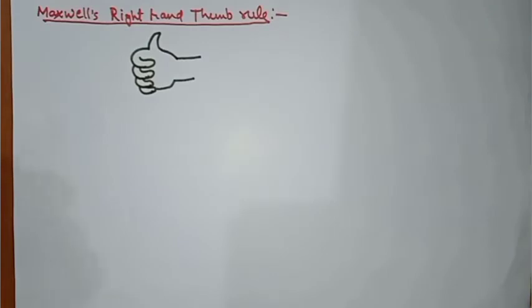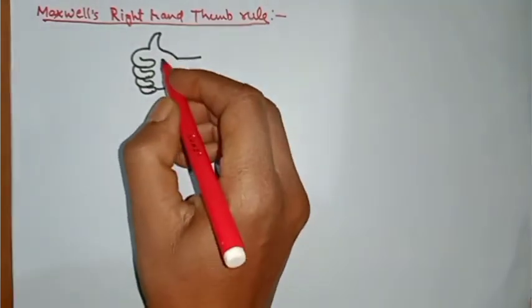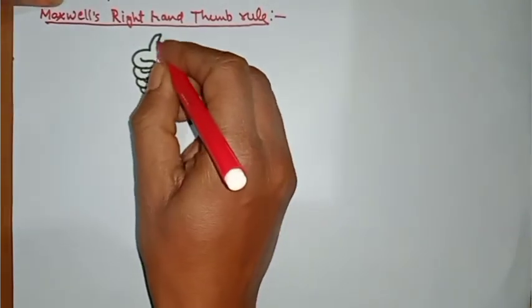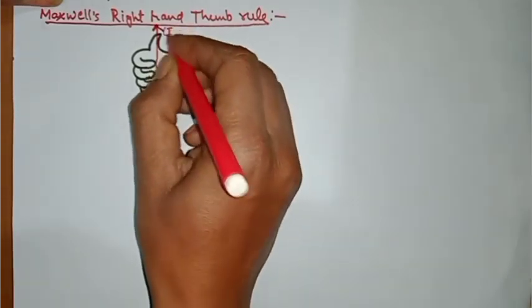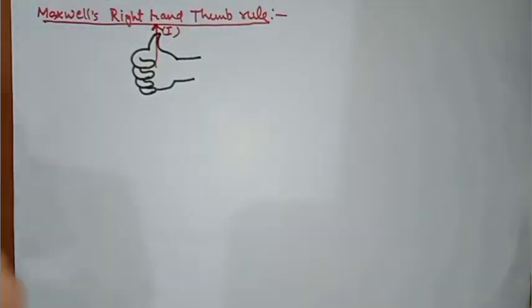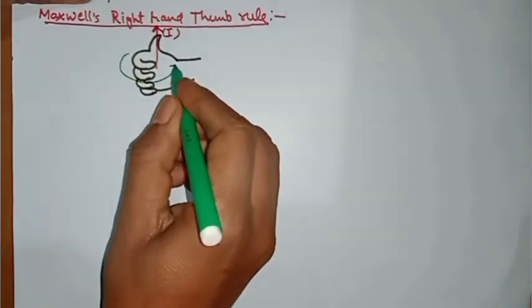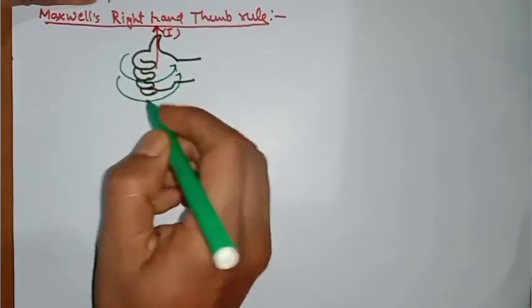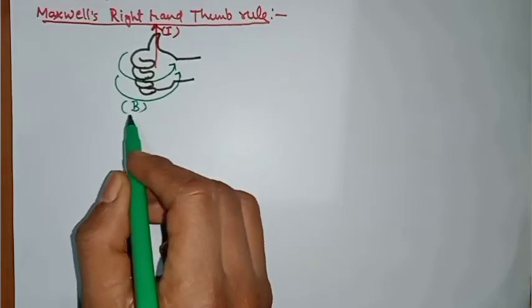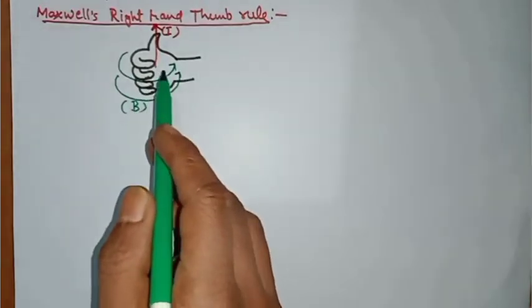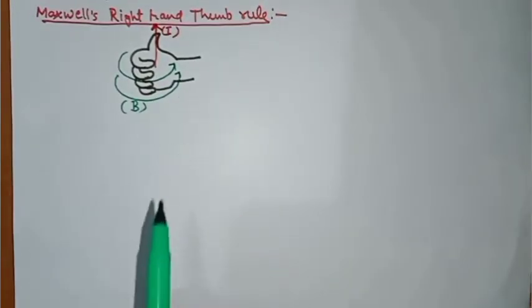Now, let us suppose if the outstretched thumb of the right hand shows the direction of current, then the curl of the fingers will show the direction of magnetic field. By the way, the symbol for magnetic field is B. Okay, what does it mean? First, just state the law.